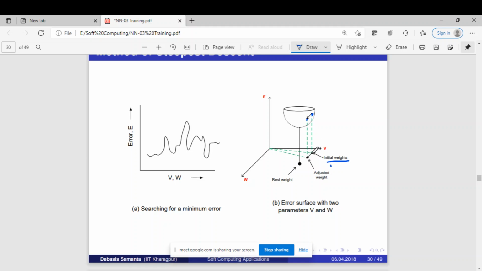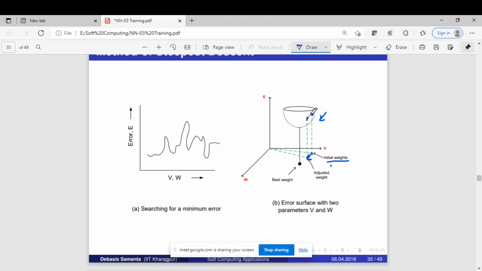The difference in the solution, or the movement from the initial weight to the adjusted weight, can be represented as a vector. A vector has two things: magnitude and direction.